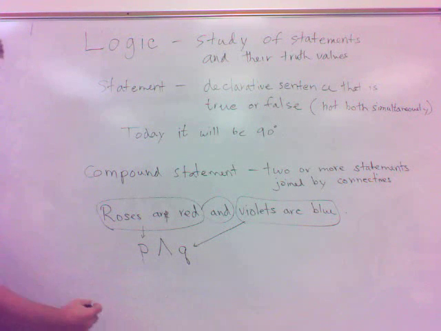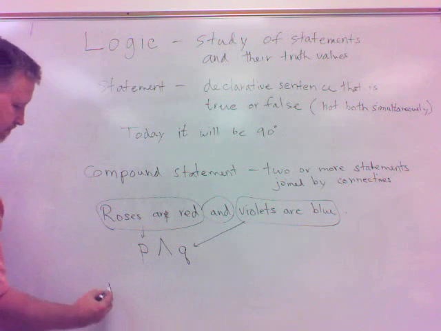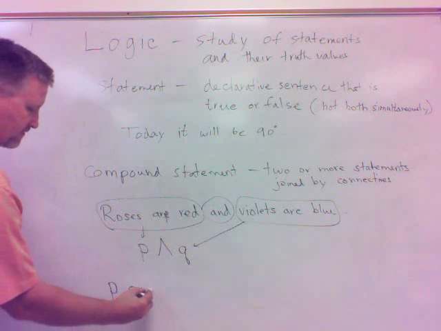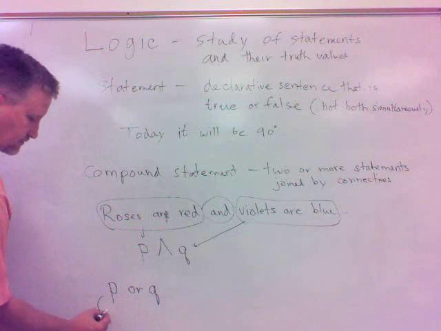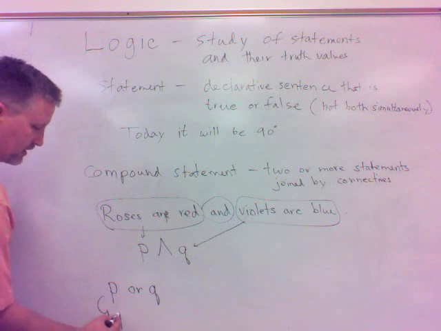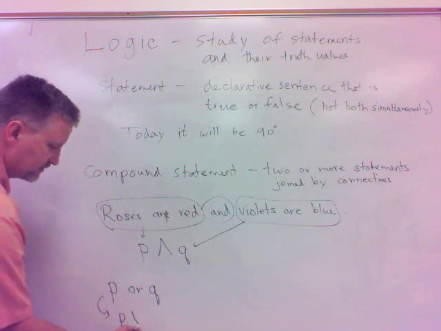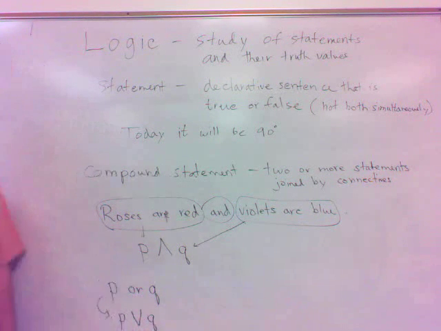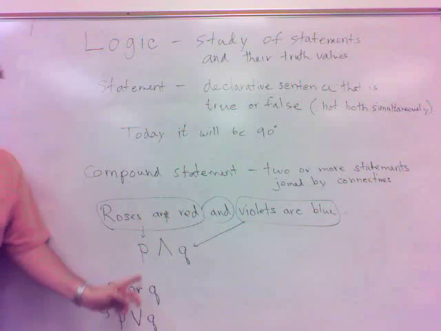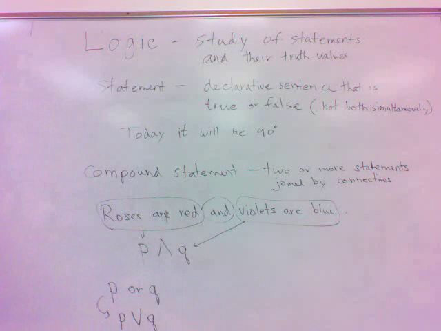We can do the very same thing for the "or" statement. If we have a p or q statement, notationally the "or" will be represented with the V shape, just like the "or" in sets is the union, the flip of that. One other little bit of notation, they may ask a question about it.